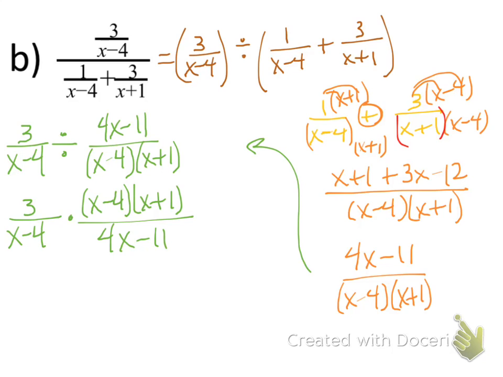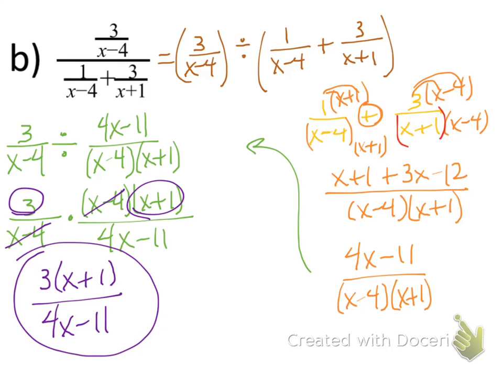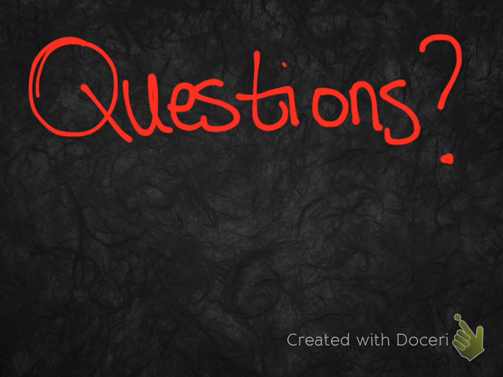Once again, we can see that we have common factors in the numerator and denominator, so we can cancel those. And we're left with 3 times x plus 1 over our only denominator. It doesn't need to be common, sorry, because we're multiplying, but the only thing left in the denominator is 4x minus 11.